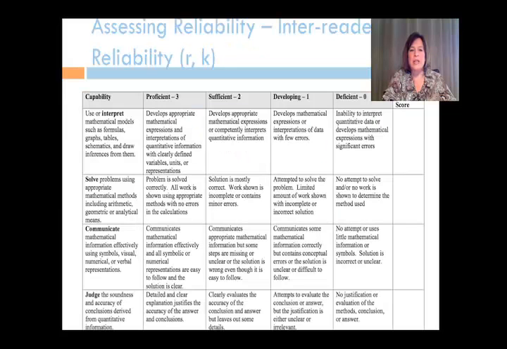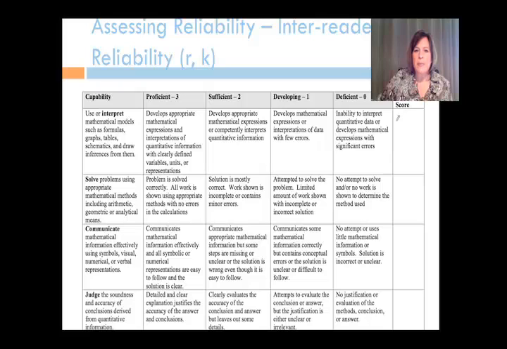So in terms of an example, this is a measure for critical thinking. It is a rubric designed to be used to apply to student work to measure critical thinking. And what you can see on here is that a piece of student work could get a score across these capabilities of anywhere from a 0 to a 3.